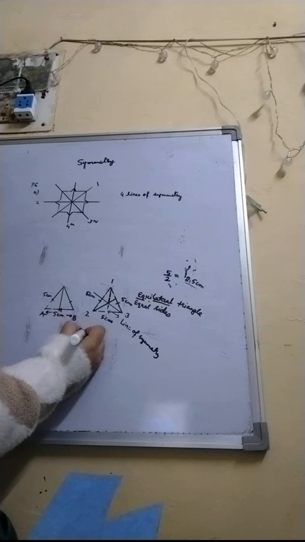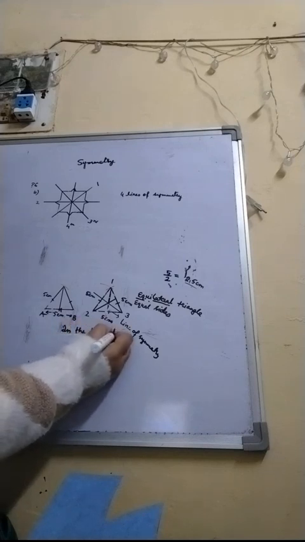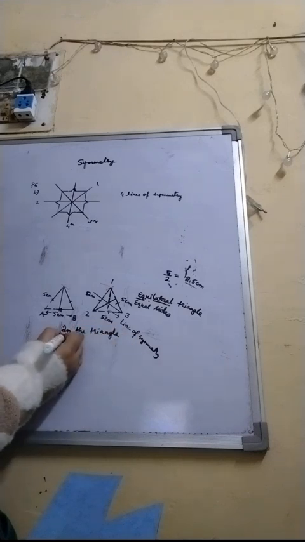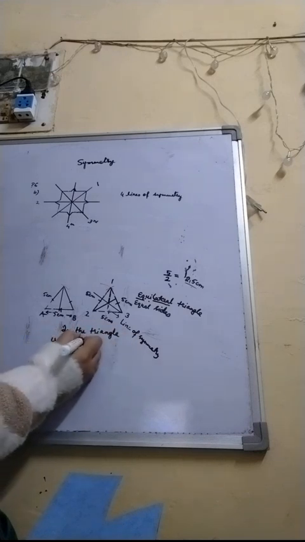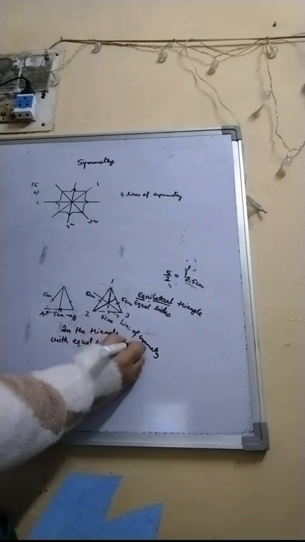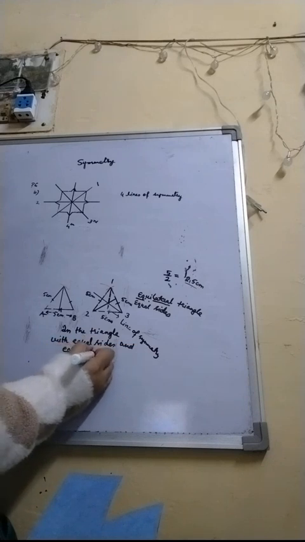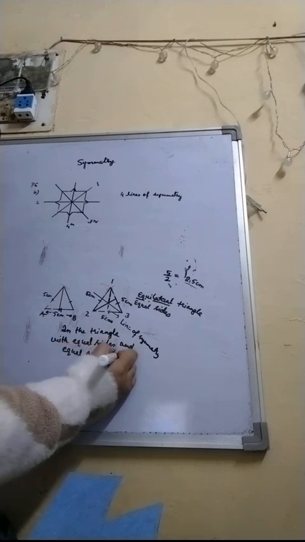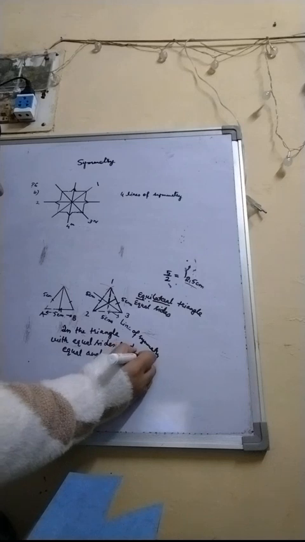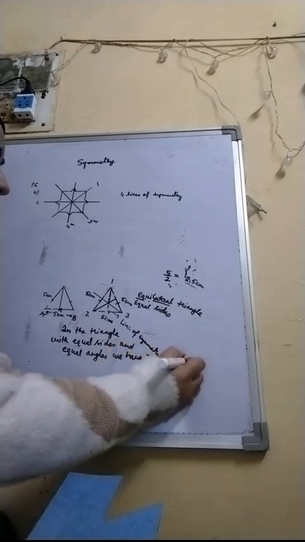So in this way you can see that in the triangle with equal sides and equal angles, we have three lines of symmetry.